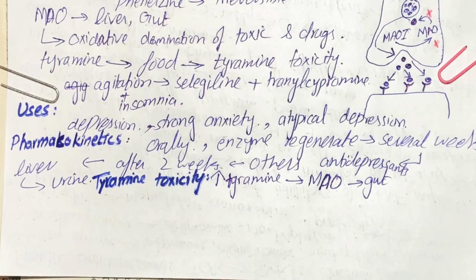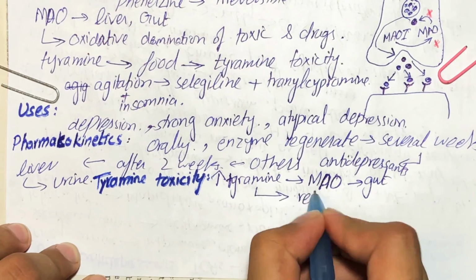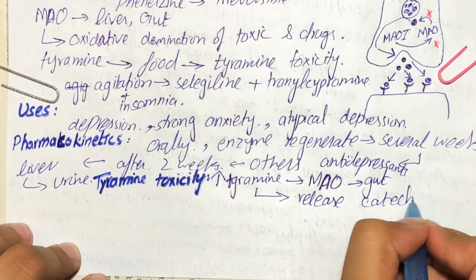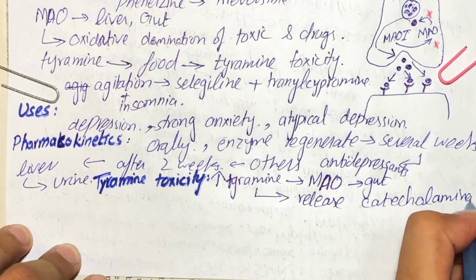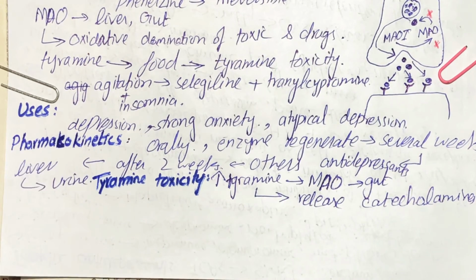And this tyramine causes the release of catecholamines from nerve terminals.